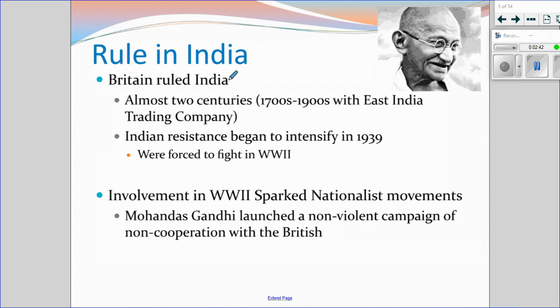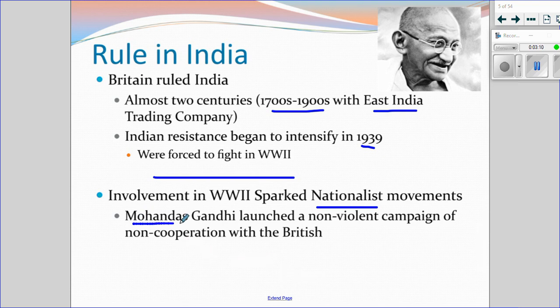It was a British colony for almost 2 centuries, from the 1700s to the 1900s, with the East India Company. Indian resistance begins to intensify during World War II, because Indians fought alongside their British allies in World War II, and their involvement sparked a nationalistic movement. There was a lot of pride and feelings of nationalism.